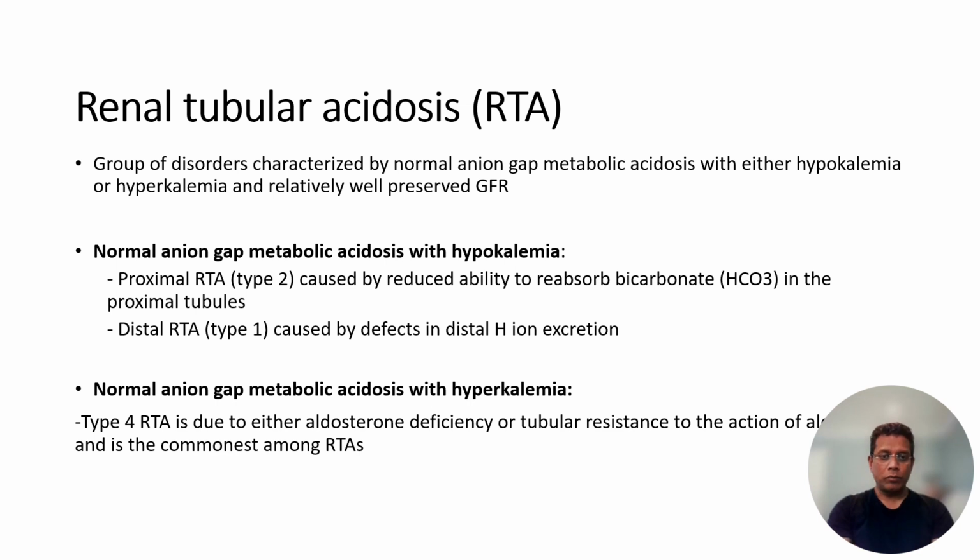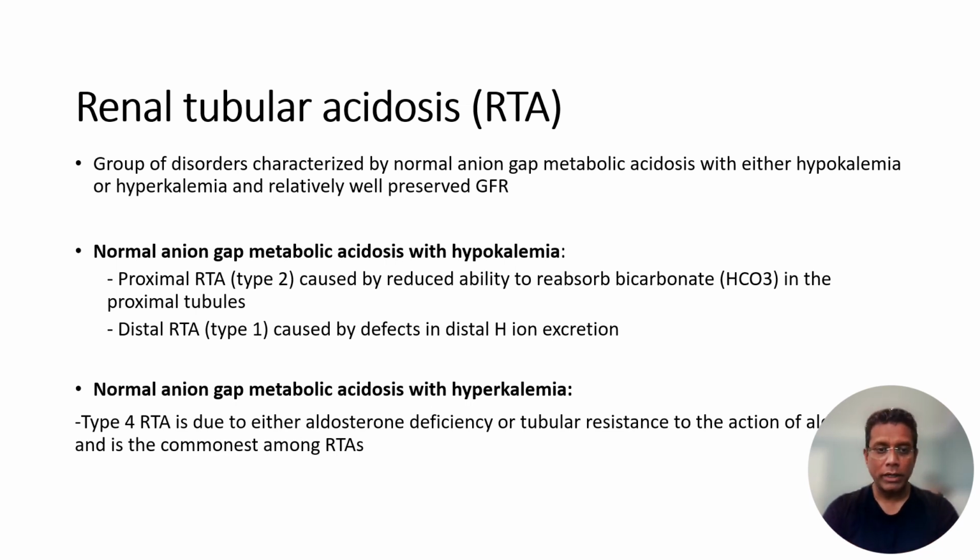The only other condition which I would like you to think about in the context of normal anion gap metabolic acidosis and hypokalemia is chronic diarrhea. It can present with a similar picture, and we'll discuss that later on in this talk. Now, when you get normal anion gap metabolic acidosis with hyperkalemia, you're probably looking at a type 4 RTA, which is basically due to either aldosterone deficiency or tubular resistance to the action of aldosterone.